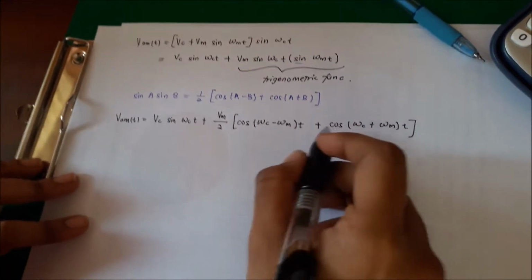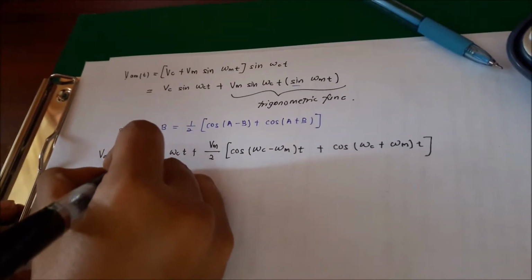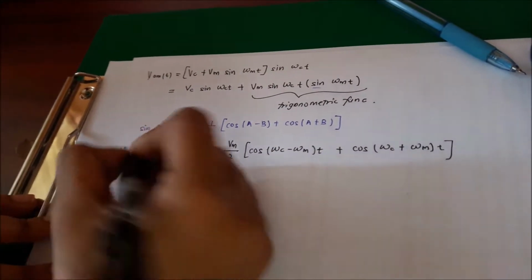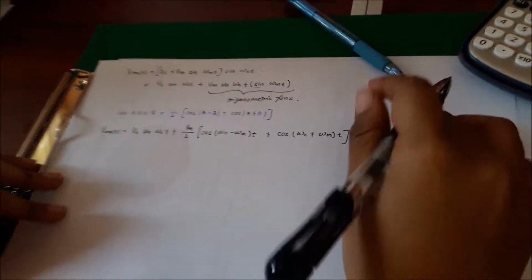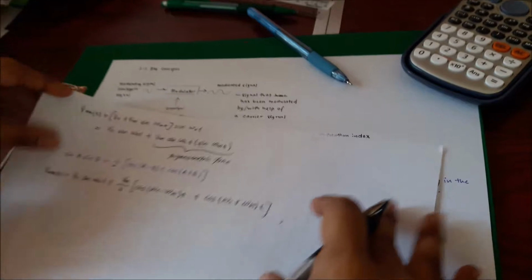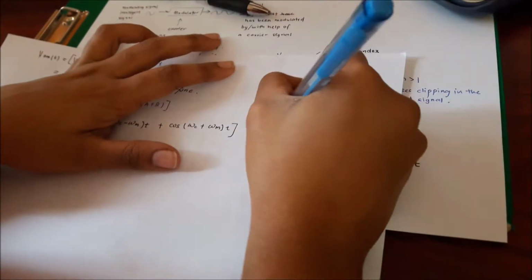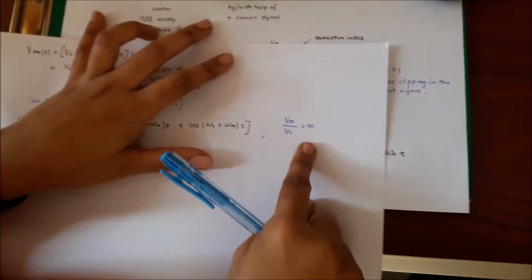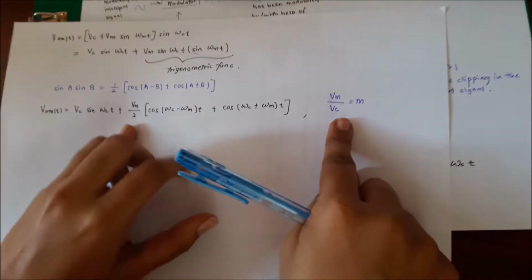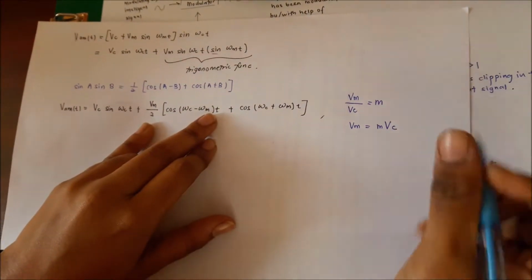So from here I would like to apply the formula that we learned first, which is Vm over Vc is equivalent to your modulation index. So therefore my Vm is equivalent to M Vc.